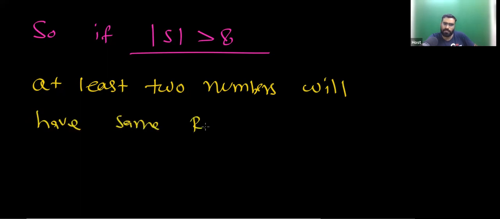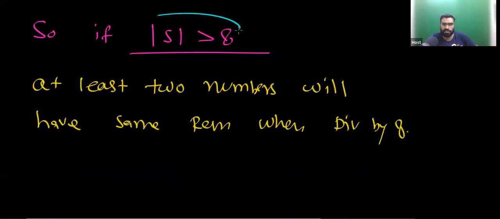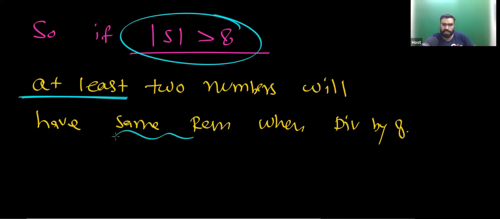Whatever you do, if you have more than 8 people, then definitely at least 2 of them will share the same remainder. Simple. Is this point clear?